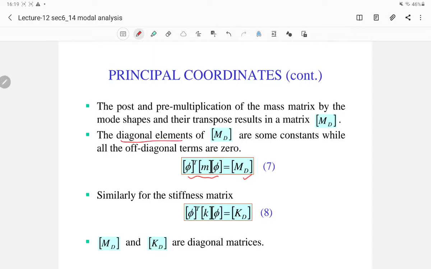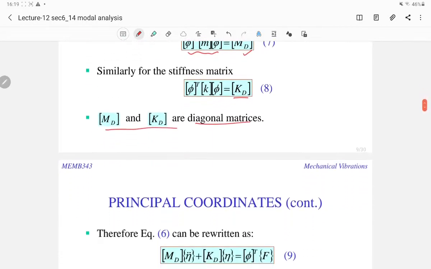The diagonal element of mass is what we call MD, and the diagonal element for K is KD. So these are the diagonal matrices.